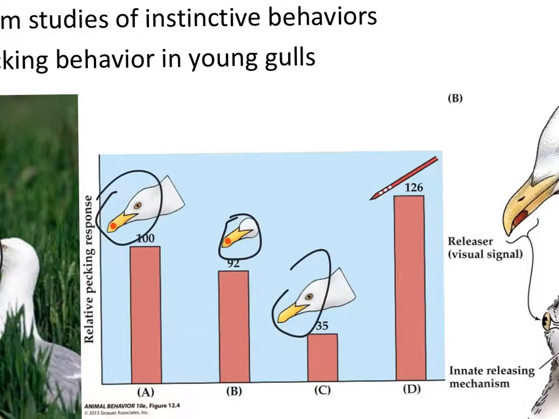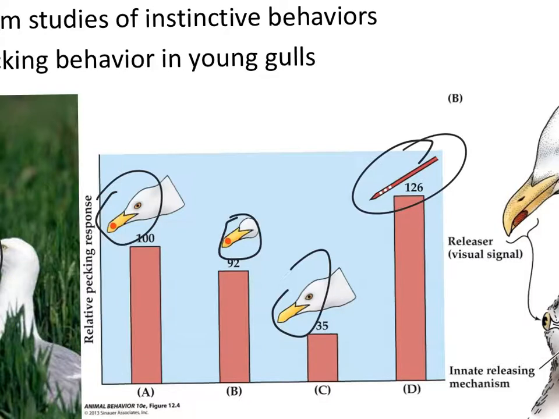So when you have something like this, which isn't natural, what is it called? Supernormal stimuli, right? Remember the bull and the motorcycle when I first showed that in class. That's a supernormal stimulus. Or a bird with an egg that's, let's say, 3 times its normal size.